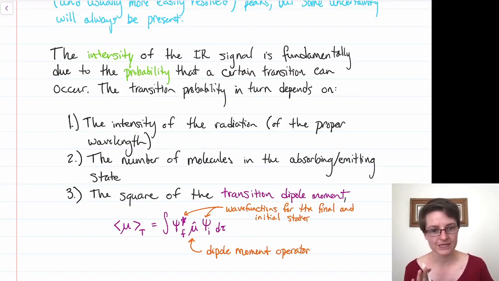And so hopefully you can see a little bit of similarity between the expression that's shown for the transition dipole moment and Ehrenfest's theorem, which helped us calculate averages. And so that's where you see this angle bracket notation showing up one more time.